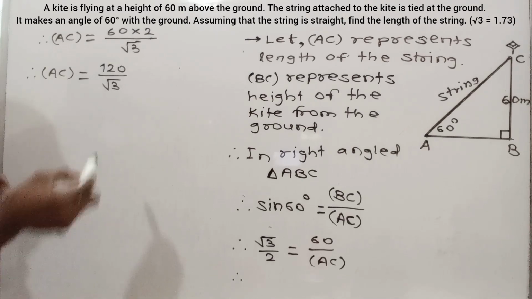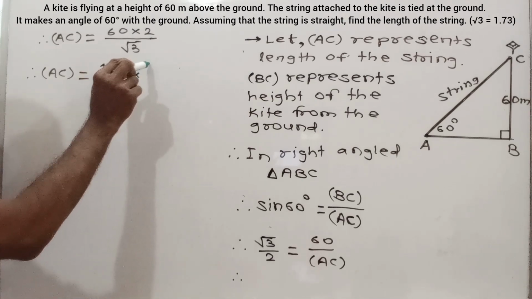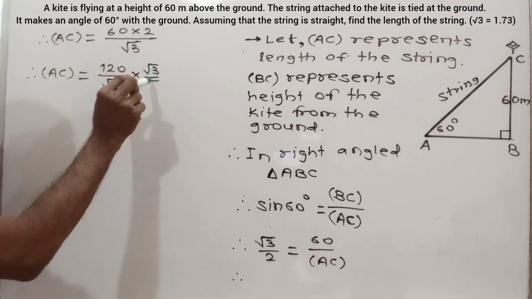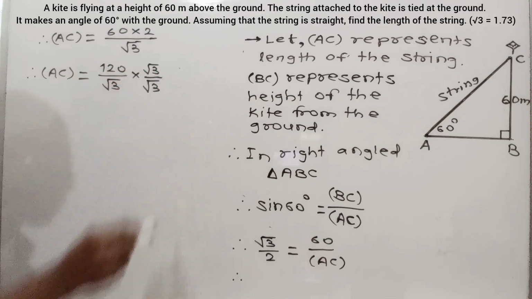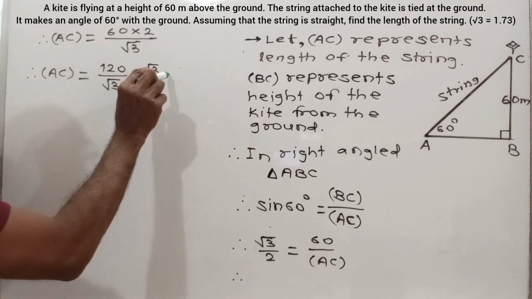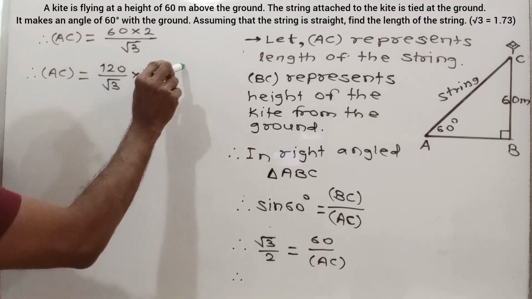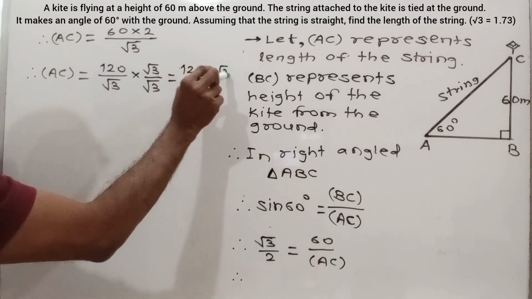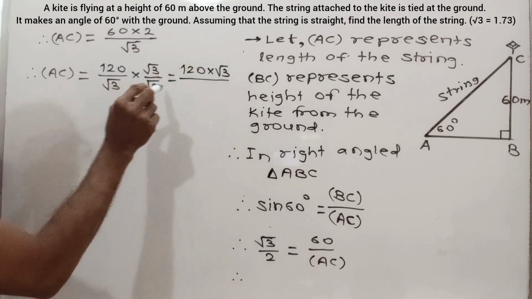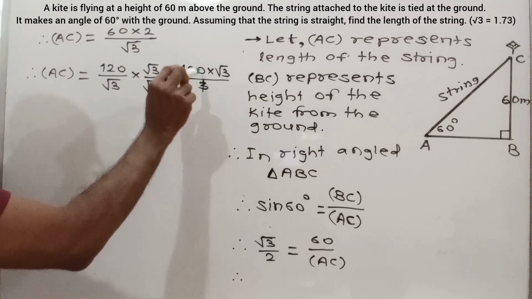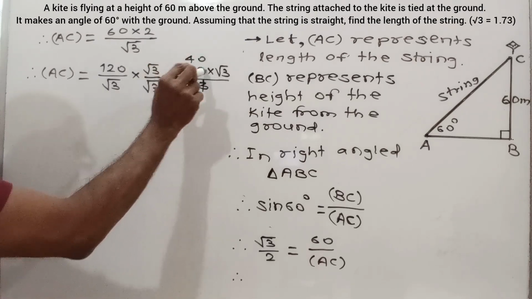On rationalizing the denominator, we multiply here by square root of 3 as well as divide by square root of 3. Means square root of 3 is the rationalizing factor. Therefore, see here, 120 into square root of 3 upon square root of 3 into square root of 3, that is 3, 40.